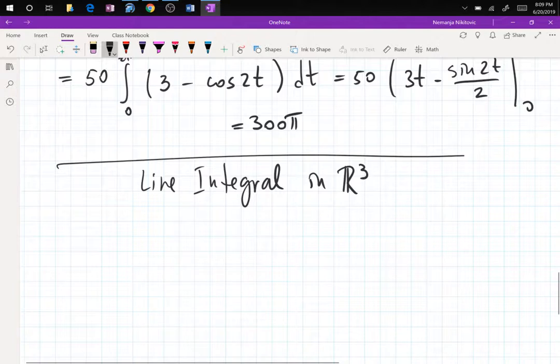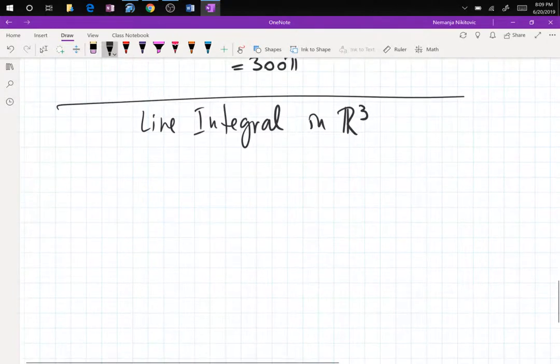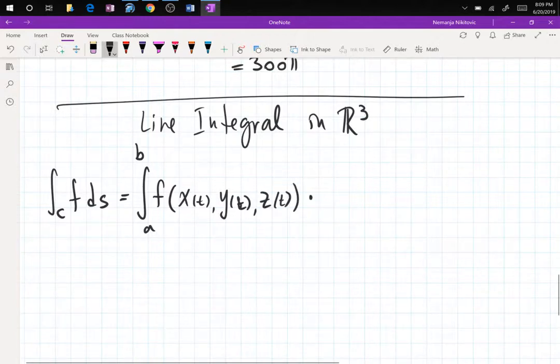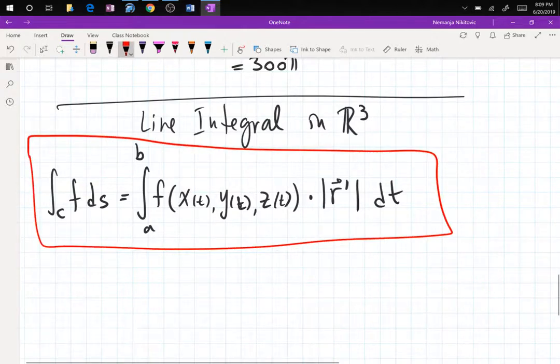Line integral in R3, same thing, just add these. The line integral of f ds is the integral from a to b of the function given in terms of x of t, y of t, z of t, times the magnitude of r prime, dt. So now it's just more annoying to compute everything, right?